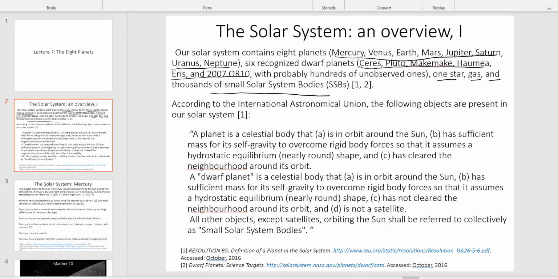Another property that a planet has is that its orbit is cleared of everything else around it. That's actually not a very precise way of saying it. What I mean is, let me try to restate that. A planet is an object whose orbit is cleared of other orbits in its immediate vicinity.